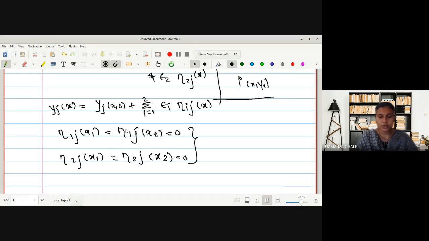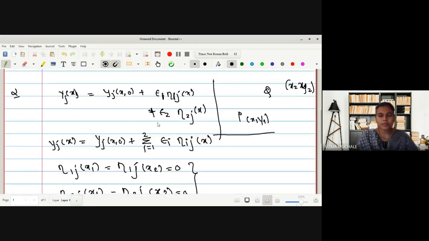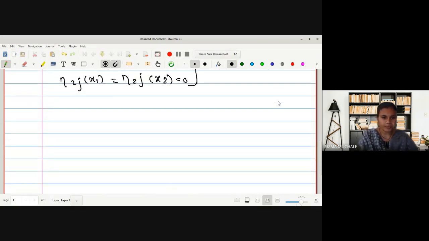These conditions ensure that all the paths are passing through points P and Q. Because x1 and x2 are nothing but the coordinates of points P and Q. If we equate these terms to 0, it means that all the paths are passing through the points P and Q.